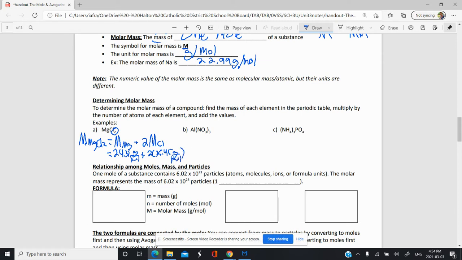Now we're adding here and they all have 2 decimal places, so our final answer should have 2 decimal places as well, because it's the smallest number of decimal places. So 24.31 plus 2 times 35.45. Make sure you know how to work your calculator to get the right answer there. And we get that it's 95.21 grams per mole.